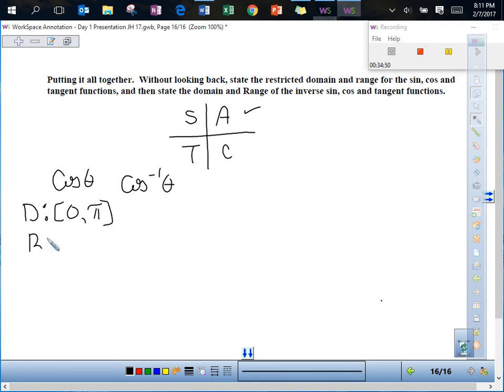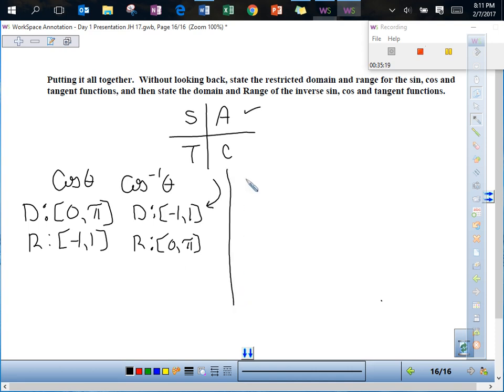Your range is going to be negative 1 to 1. That way it's one-to-one, a function. That means when I switch this around, the domain of the inverse cosine is negative 1 to 1. The range is going to be 0 to pi. Once again, you can type these numbers into your calculator when using the inverse cosine. These will be your answers.